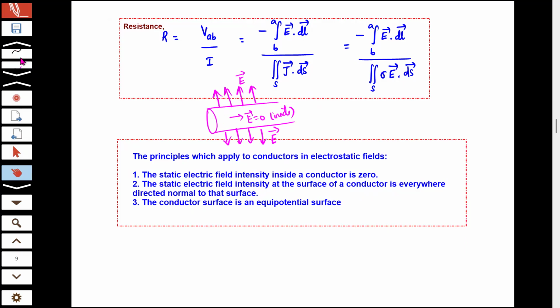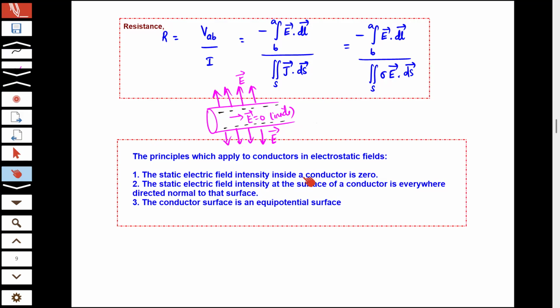Because for a conducting material, you have all electrons. Because of electron-electron repulsion, all the charges will be deposited on the surface of the conductor. Because of that, only surface charge density exists. Thereby, electric field inside the conductor is zero. Electric field will be directed perpendicular from the surface of the conductor everywhere. So that is the second point.